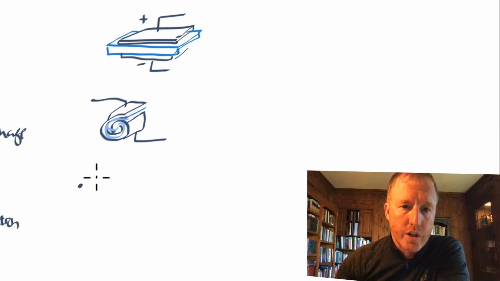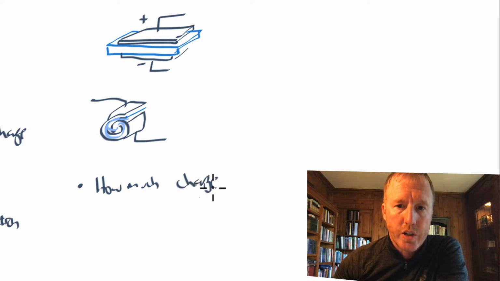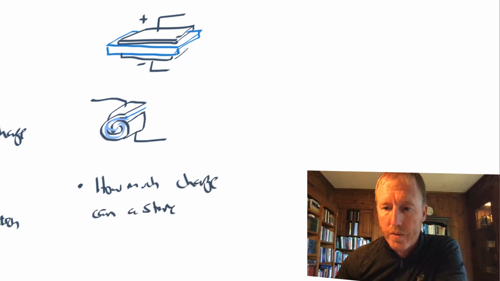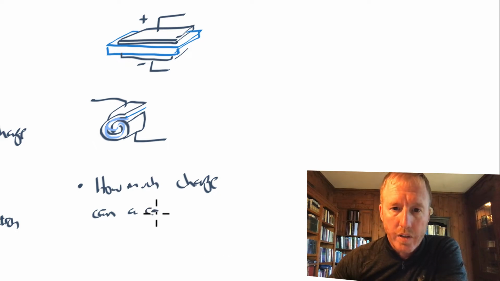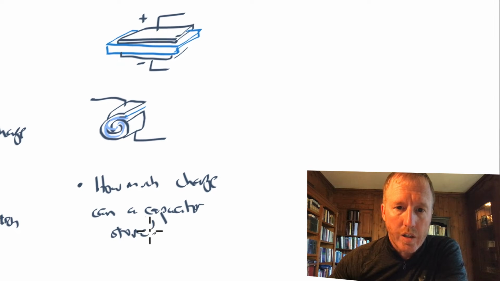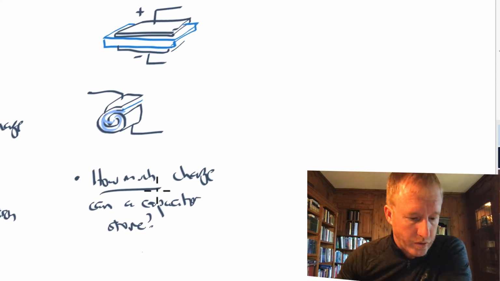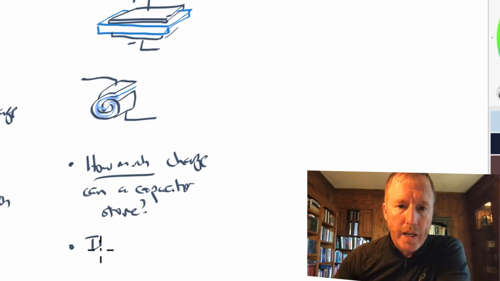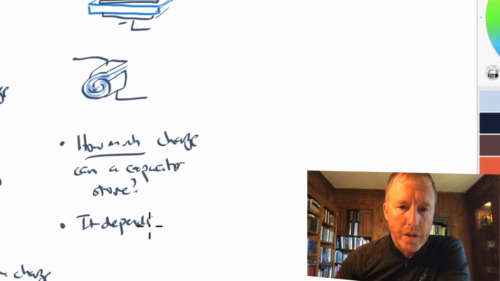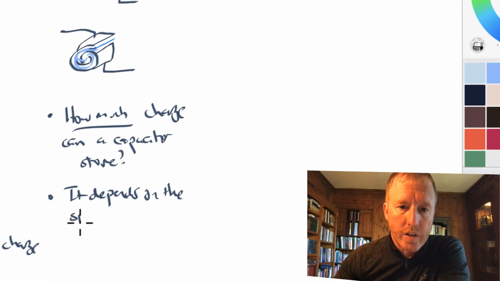Let's go on to the question of how much charge can a capacitor store? How much charge can be stored by a capacitor? And the answer is, it depends on the size and the shape and the material.